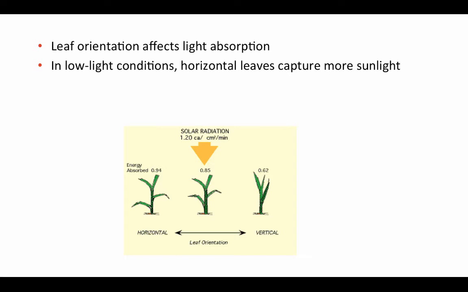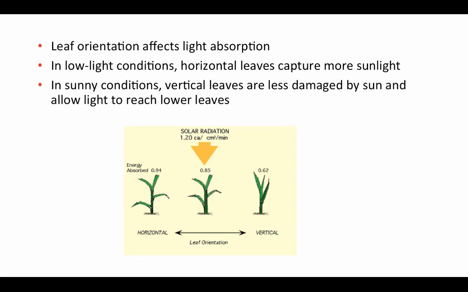There are going to be more photons that hit that horizontal leaf from the sun coming from above. In sunny conditions, where there's a risk that there would be so much light that the cells could be damaged, then vertical leaves are going to sustain less of that damage from the sun and allow the light to reach the lower leaves as well as the upper leaves.